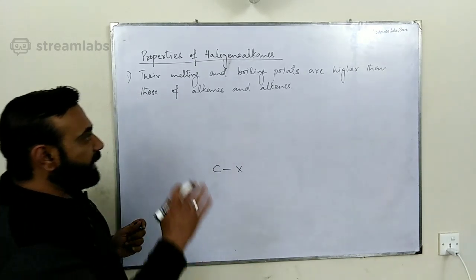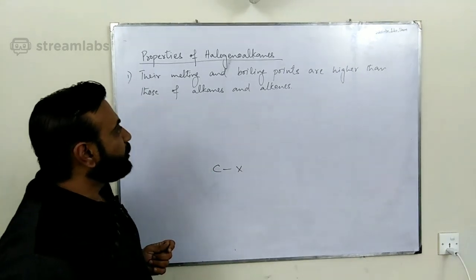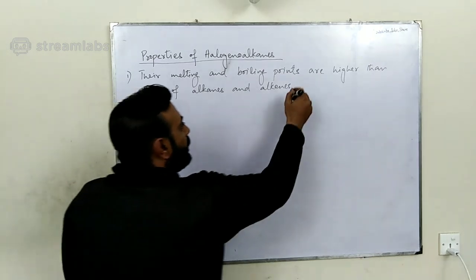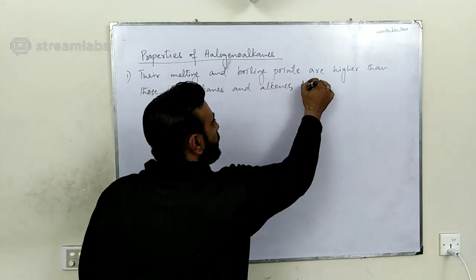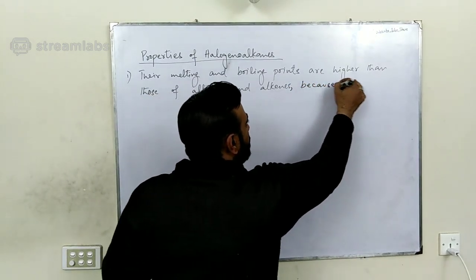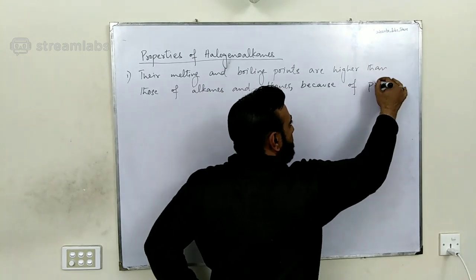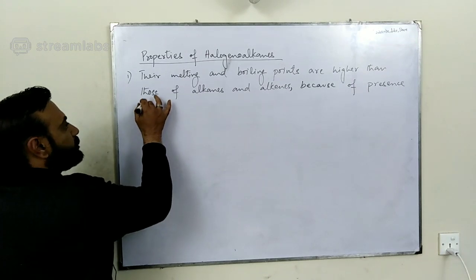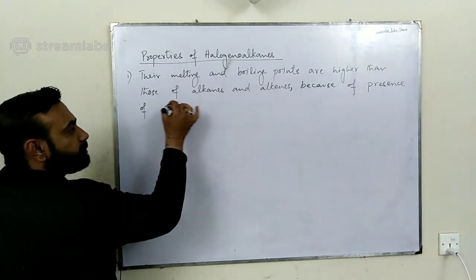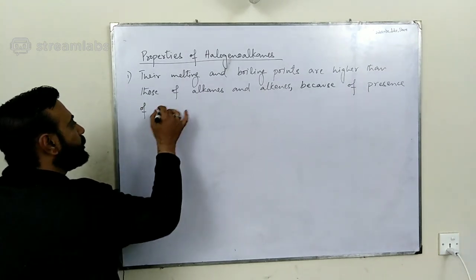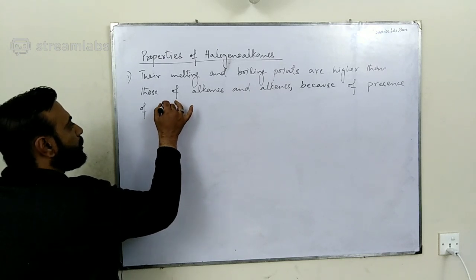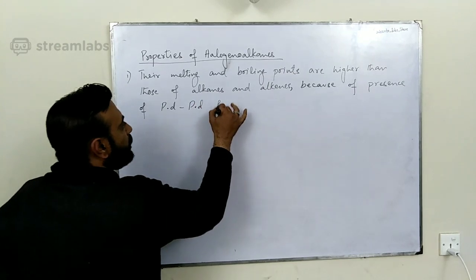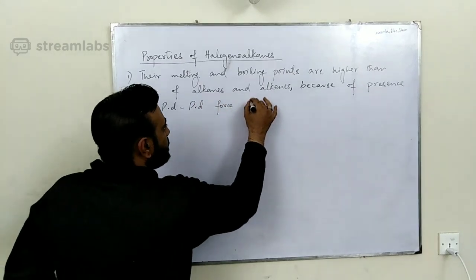So they have relatively higher melting and boiling points because of the presence of permanent dipole force of attraction.